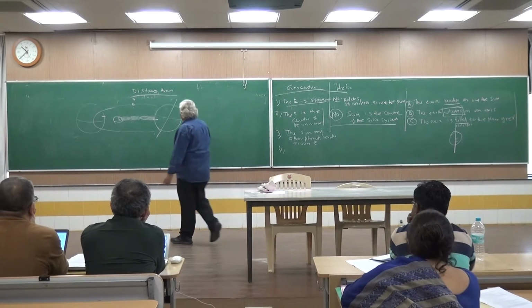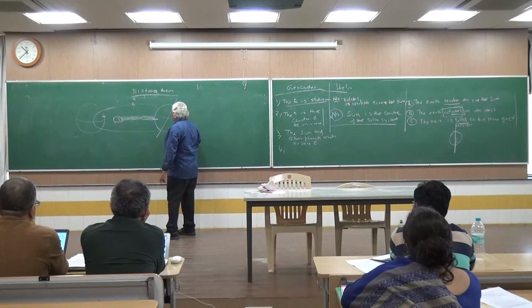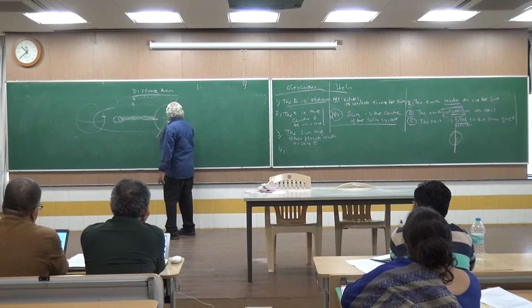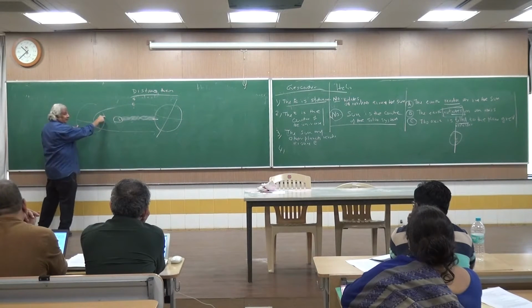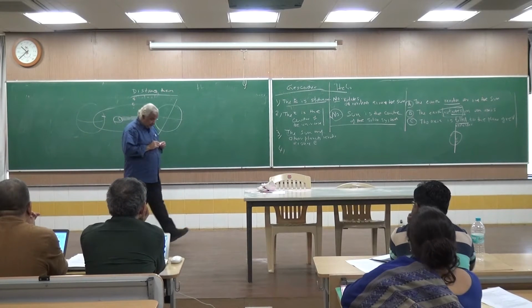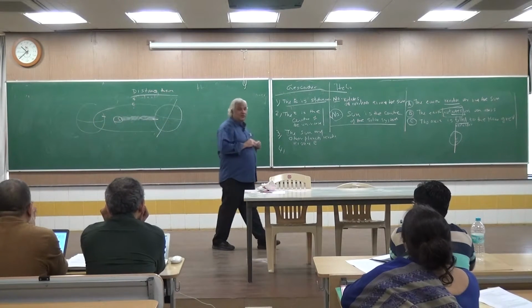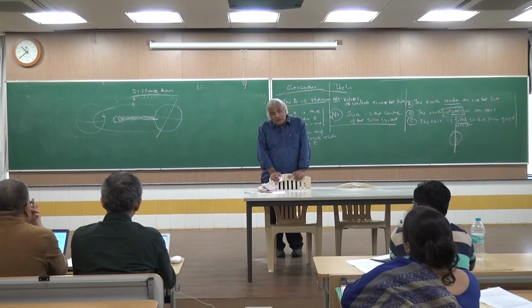So it will be summer here, and winter here. But when you move here, it will be summer here and winter here. So that explains why it's summer in Australia while it is winter in California. It's a tilt of the Earth effect, not the elliptical orbit.